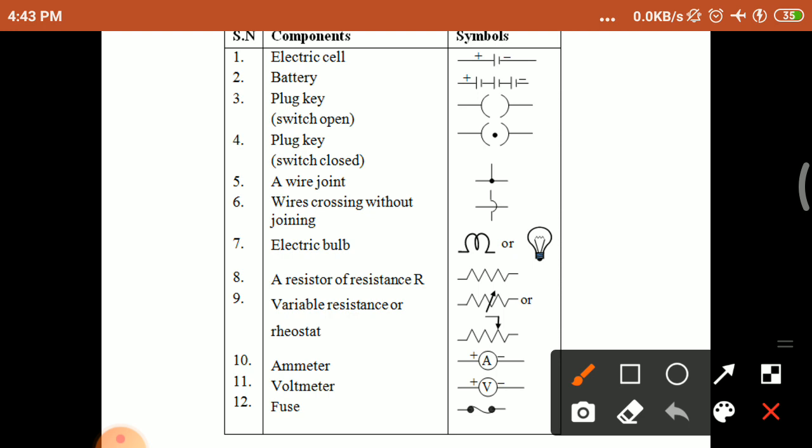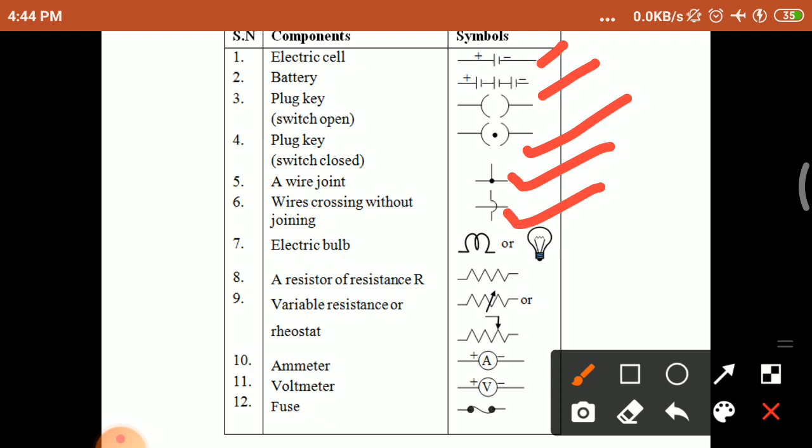The first one, electric cell. The second one, battery. The third one, switch is open or plug key with switch open. The fourth one, plug key with switch is closed. The fifth one, a wire joint. The sixth one, wire crossing without joining.